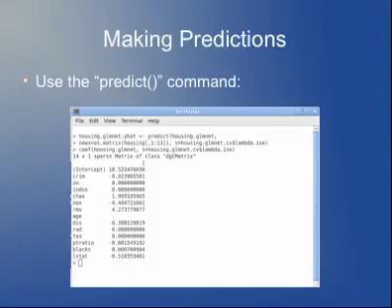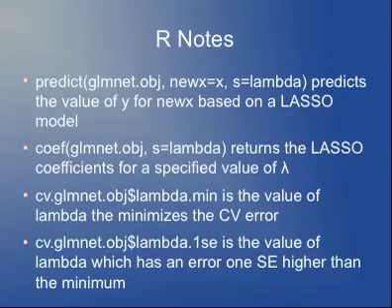And in general, if you say predict on a glmnet object, new x equals x, s equals lambda, that will predict the value of y for a given value of lambda based on a lasso model. If you say coef and specify lambda, that will give you the coefficients for a certain lambda.